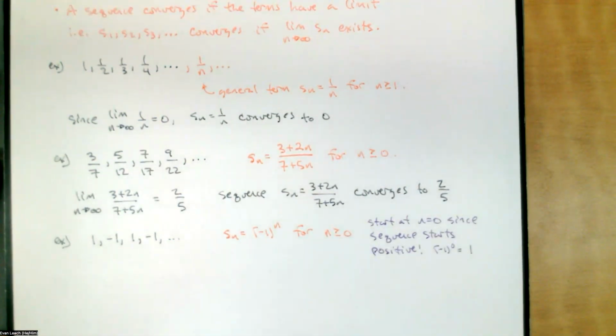Since the sequence starts positive, we'll write this as -1 to the n for n greater than or equal to 0.